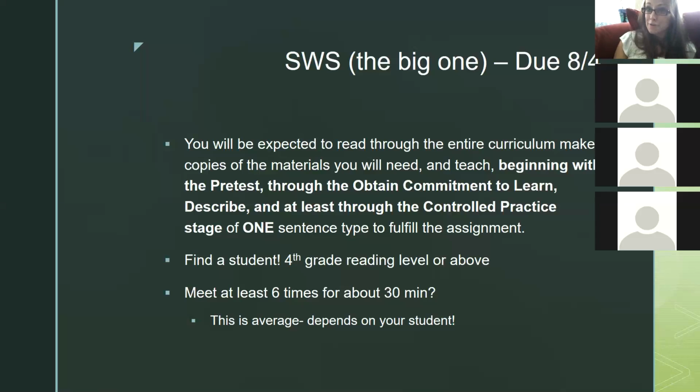That's kind of average. So it's really what it takes to get through the content and to get through it well at the pace of the student. So for some of you, it may go faster than that. For some of you, it may take longer. An option that you have is to meet for a 30-minute chunk, take a break, and then meet for another 30-minute chunk on the same day.